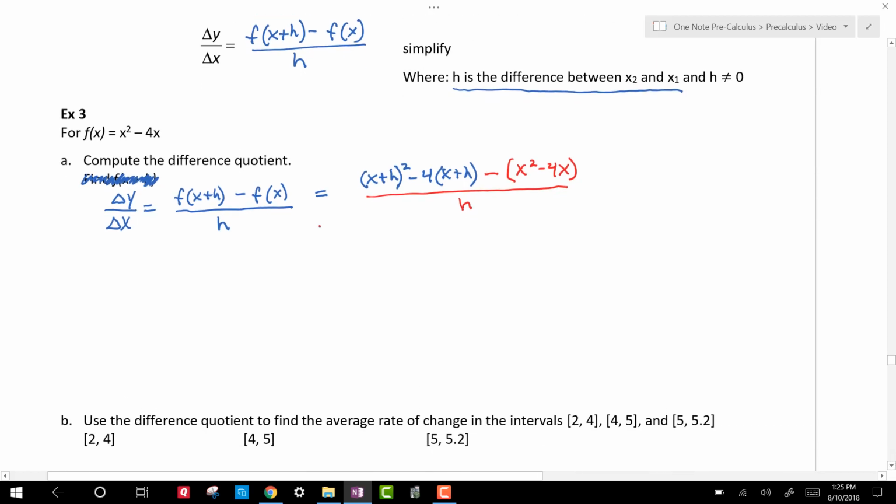So here we go. In the numerator, x plus h squared. I'm going to abbreviate a little bit here just to save a little bit of space, but this is really just x plus h times x plus h.